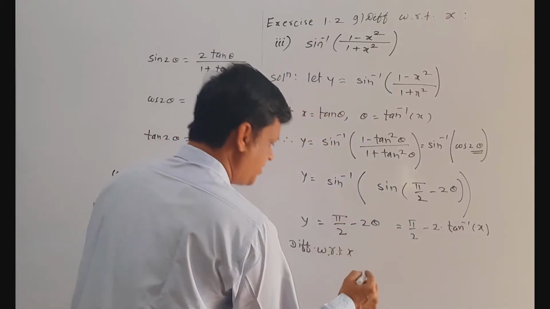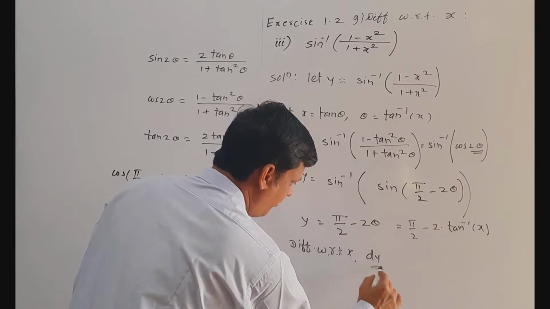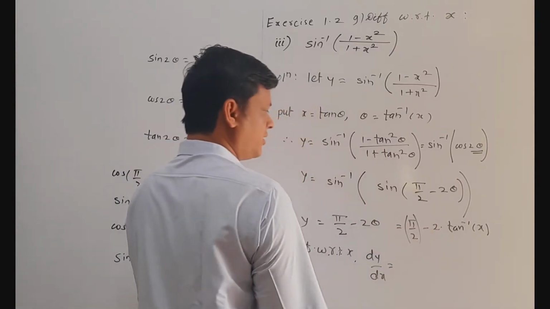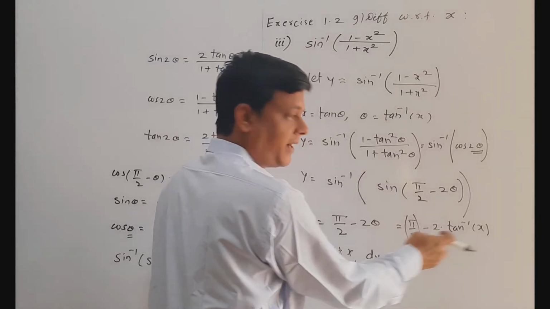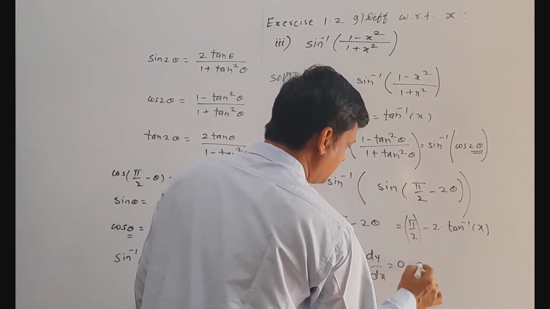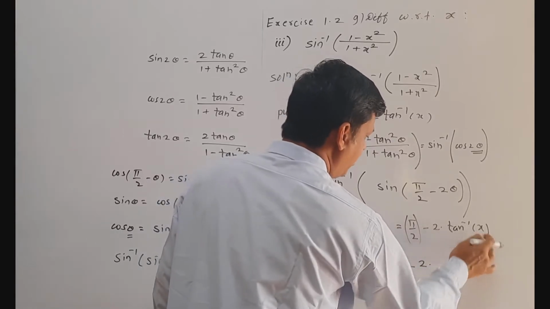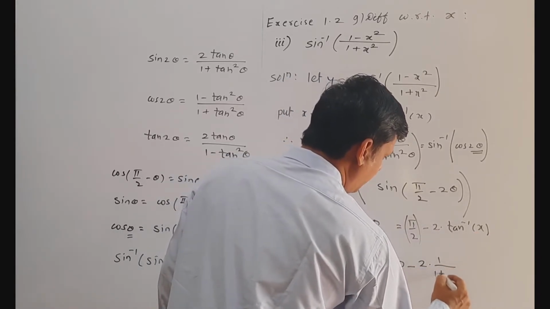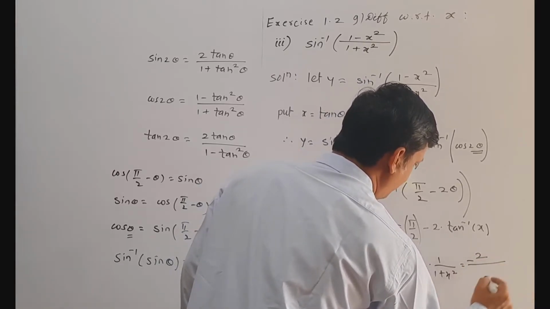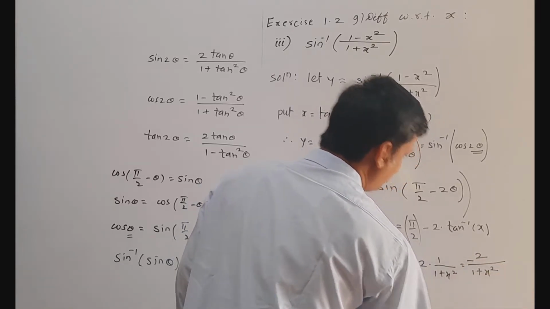So after differentiating, we get derivative of y as dy by dx. Pi by 2 is a constant, that means derivative of first term minus derivative of second term. So derivative of first term is 0 minus 2 into derivative of tan inverse x is 1 upon 1 plus x square. So here we get a derivative as minus 2 upon 1 plus x square.